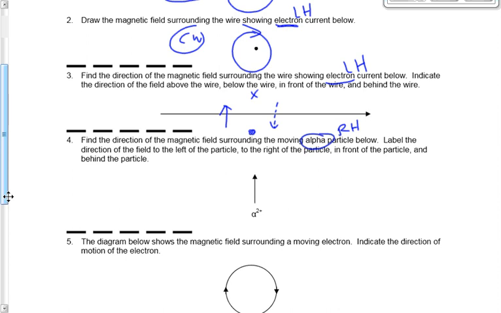To the left of the wire it goes out of the page, and to the right of the wire it goes into the page. A big thing with this one is make sure you use your right hand for that.